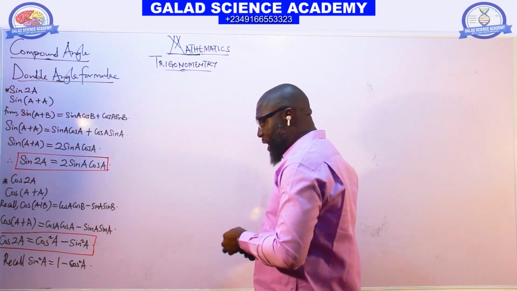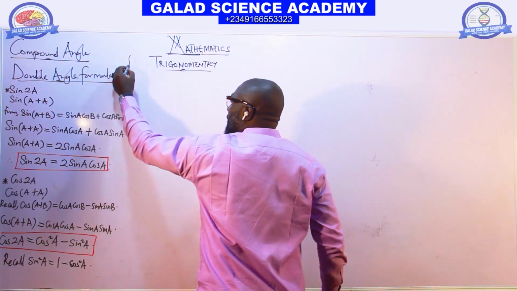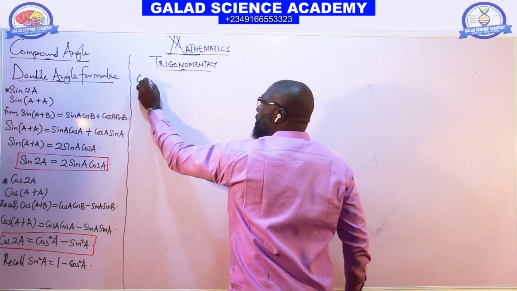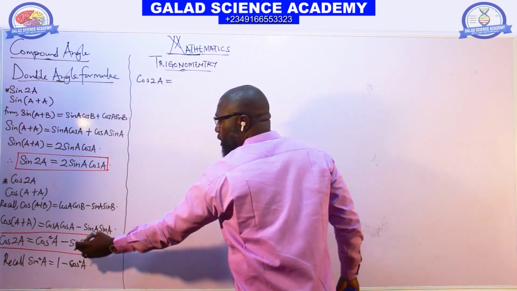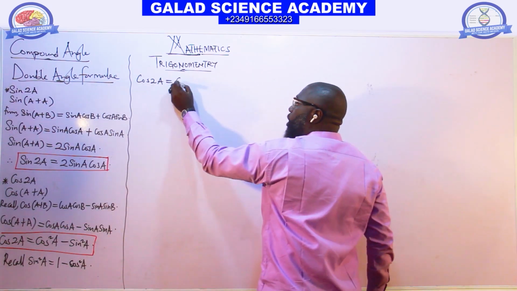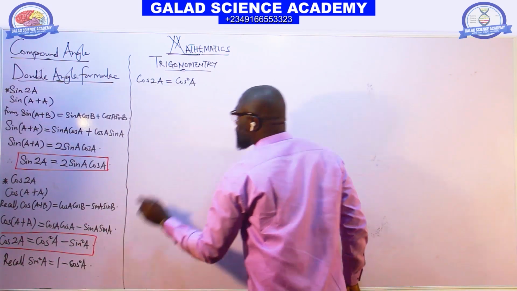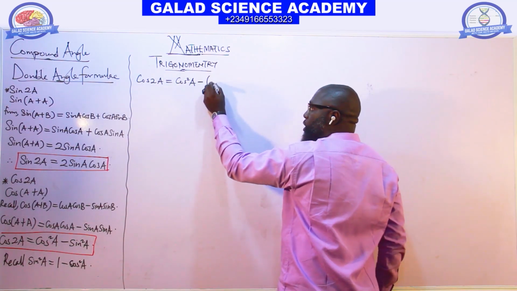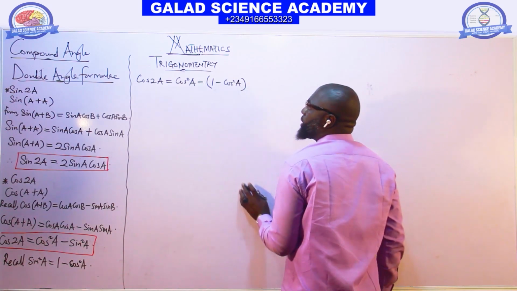So from here now, if you substitute for that, cos 2A should be equal to cos square A minus into bracket 1 minus cos square A. Yes.